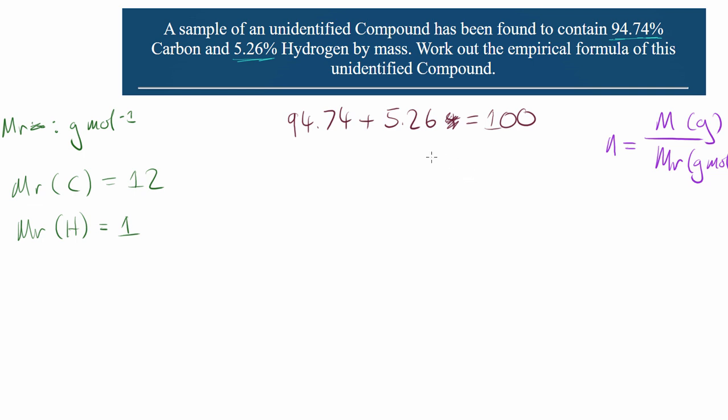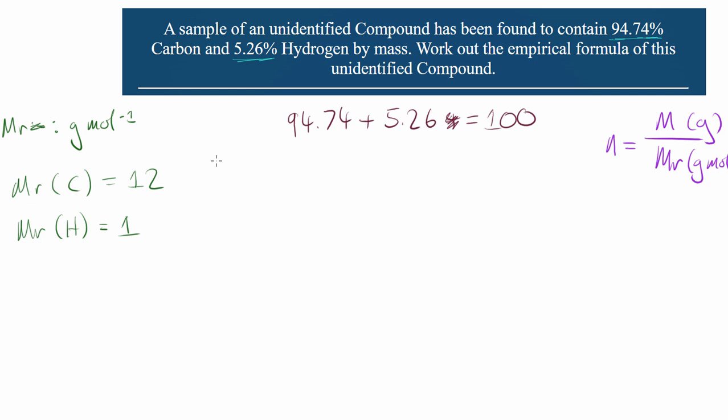So anyway, what we're going to do is make an assumption, and this assumption is going to enable us to effectively calculate the empirical formula. The assumption we're going to make is that the specific sample that we have is a total of 100 grams, right?